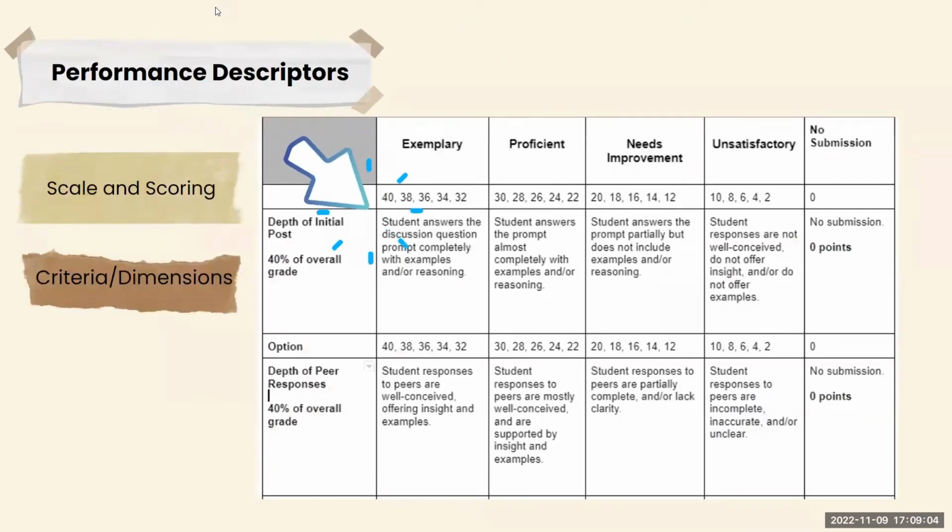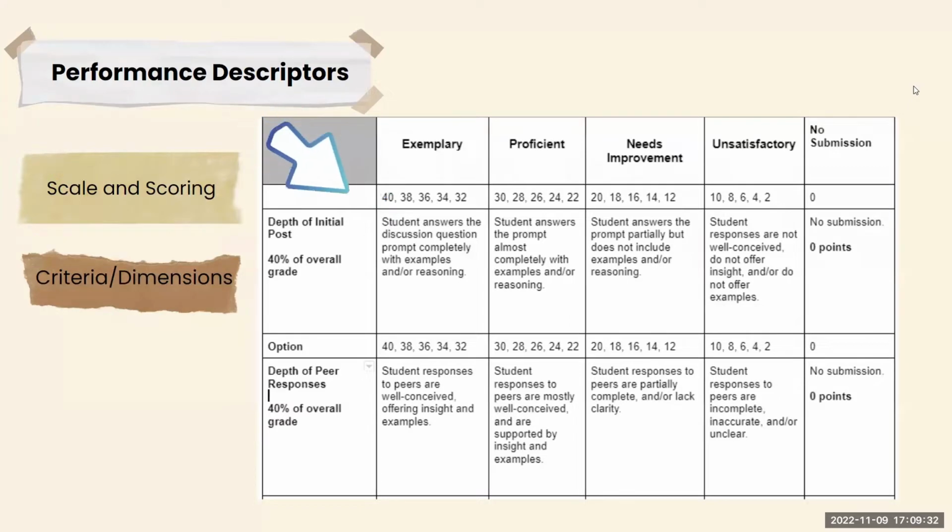If we look at performance descriptors using the discussion question rubric, once again I've only included the criteria depth of initial post, which I'll show you in just one second. But really what we're looking at is, can you differentiate between exemplary, proficient, needs improvement, unsatisfactory, or in our case, sometimes, unfortunately, no submission?